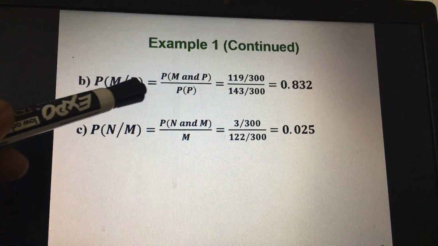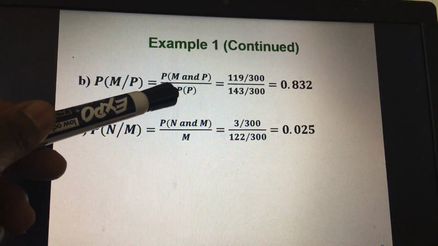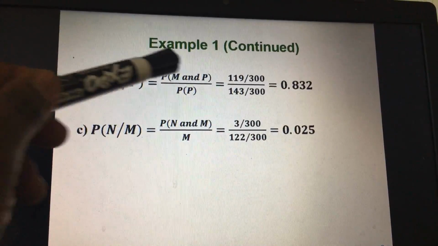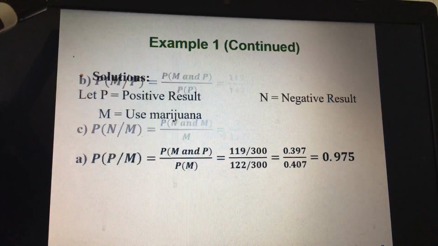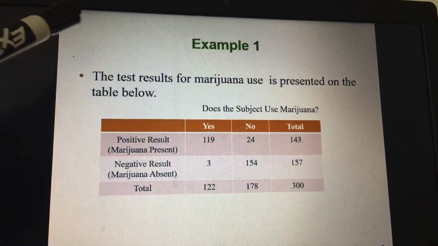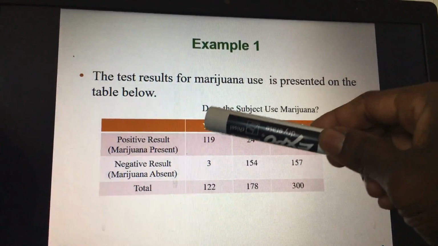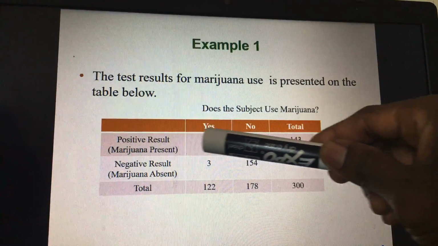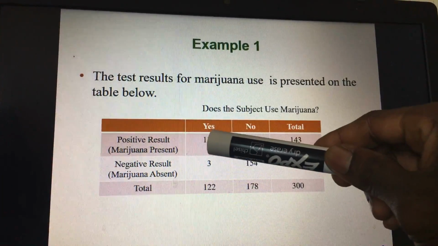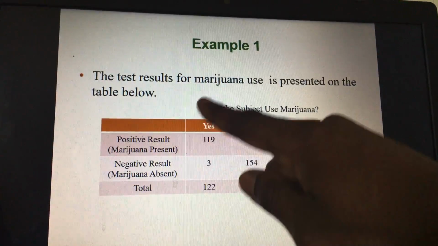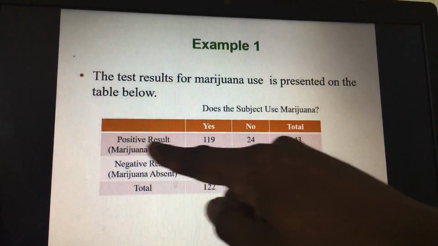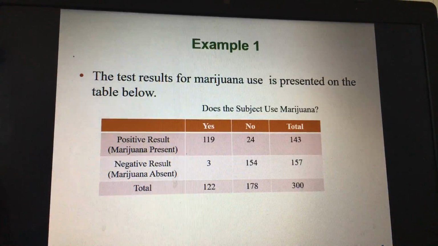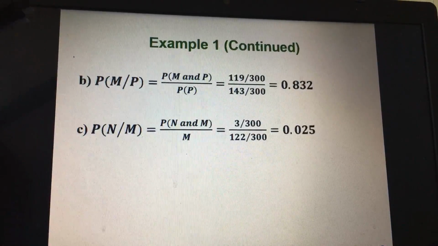Here the condition is different, which is positive. Now let us look at marijuana and positive from the table. Uses marijuana, yes, and positive result, 119. You can see right here, marijuana yes, positive, they intersect here. 119 out of 300, you will have it here like we had before.